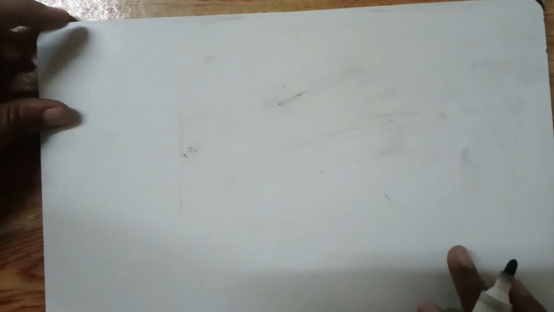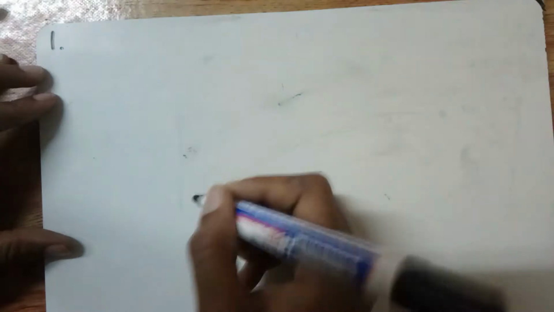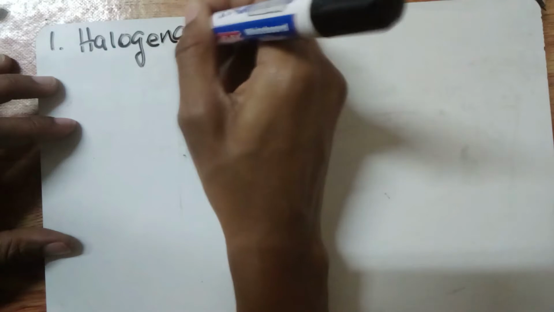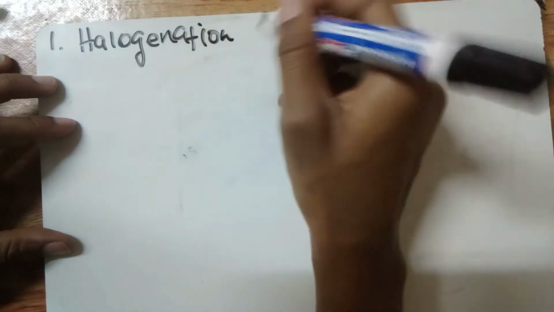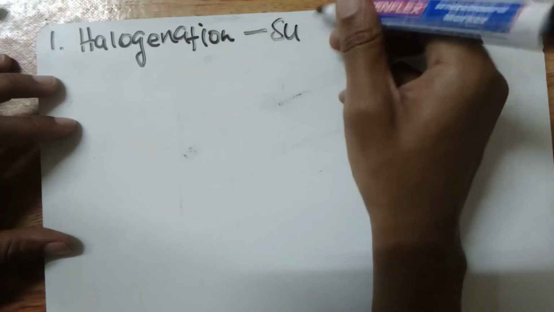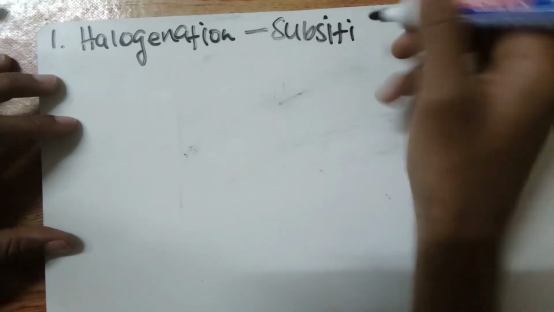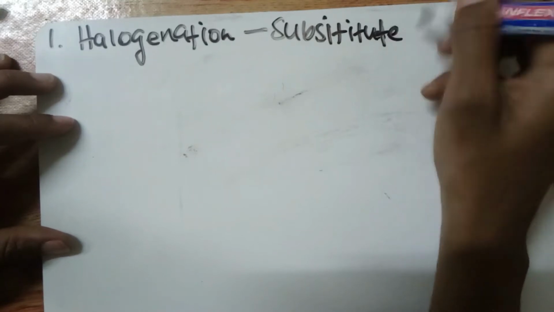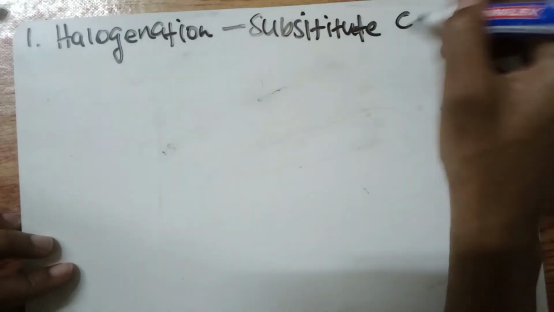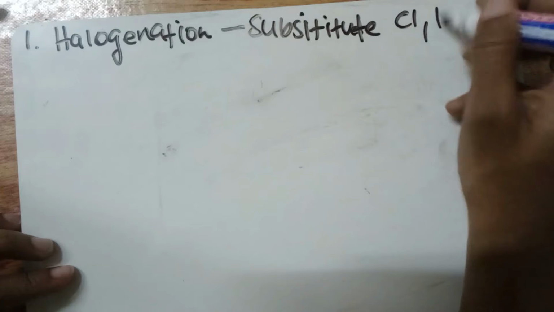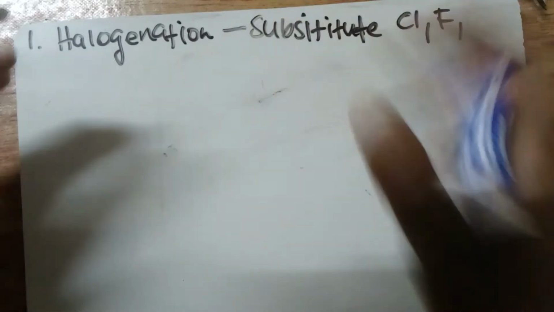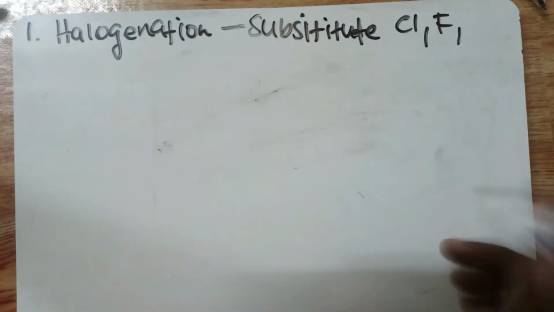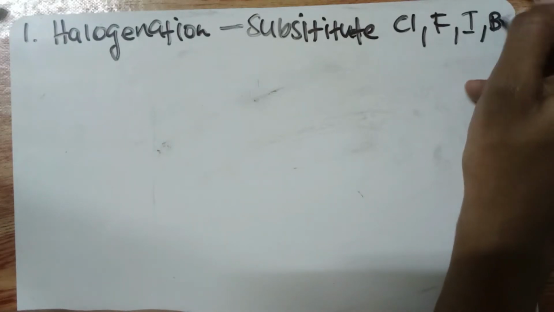So it's important for you to know that. Let us start with the first type of substitution reaction that you need to know. The first one is halogenation, and just by looking at the name, you should already know what happens. This is when we substitute chlorine or fluorine, all those atoms that you find in group 7 of the periodic table, right?